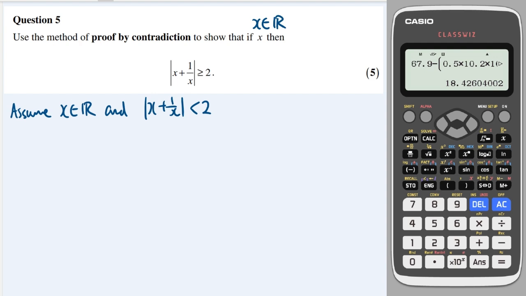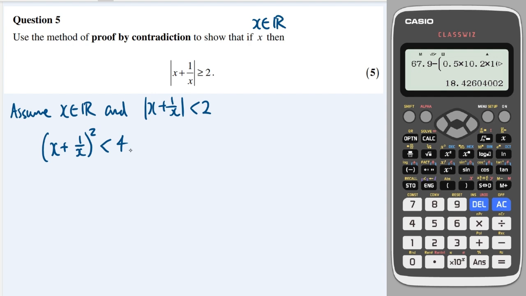Okay, so straight off the bat, I'm going to square both sides, because that will take care of the modulus, and I will know that will be less than 4. Because whether or not this is negative or positive, if I square it, it's not going to matter.